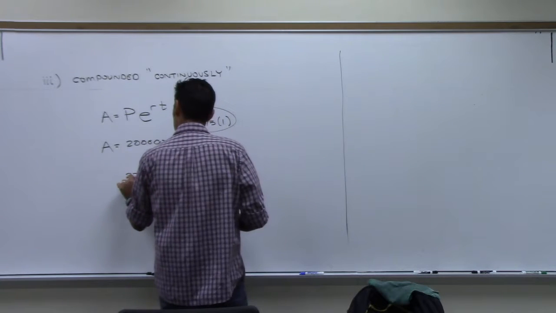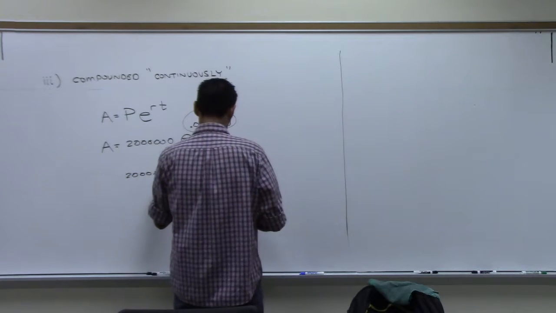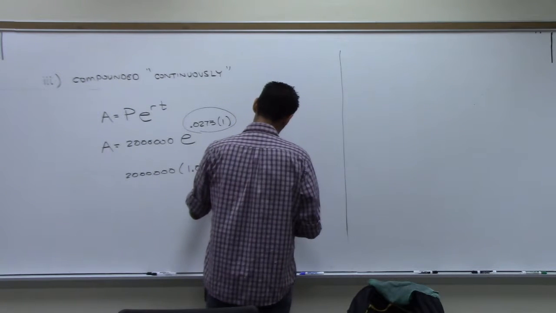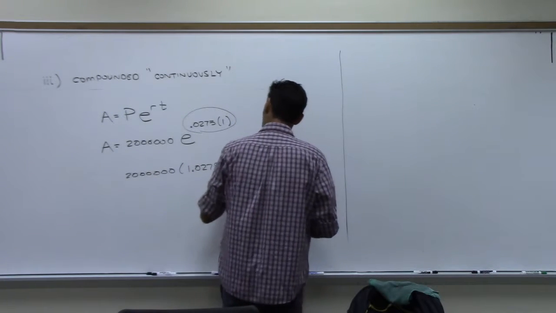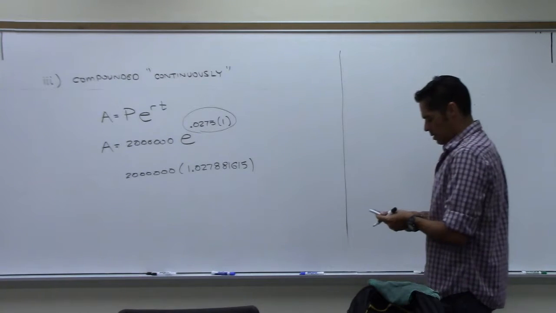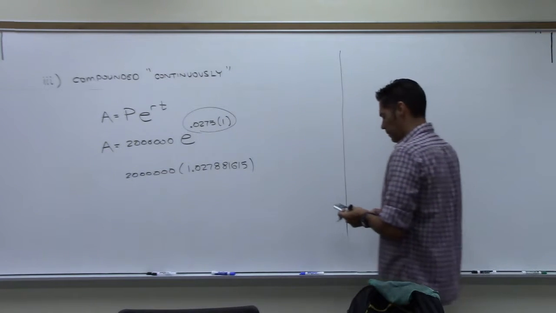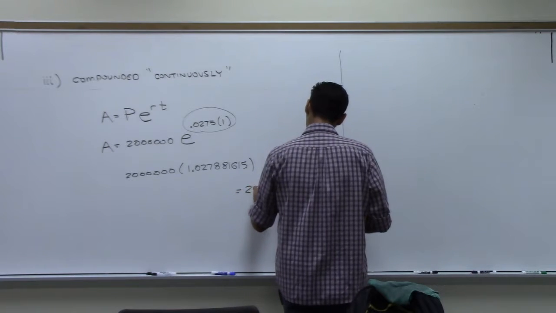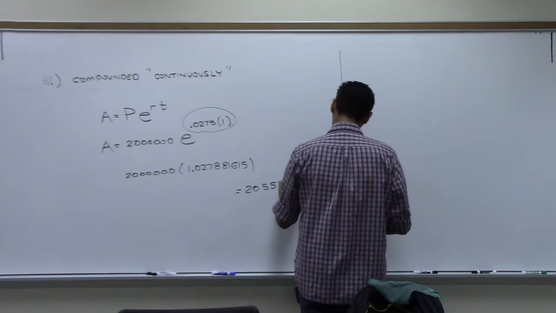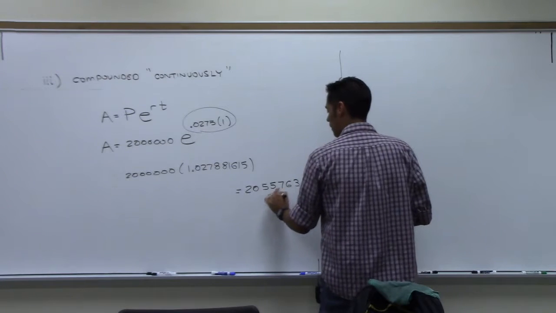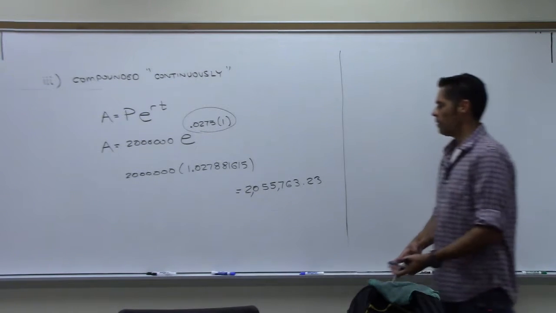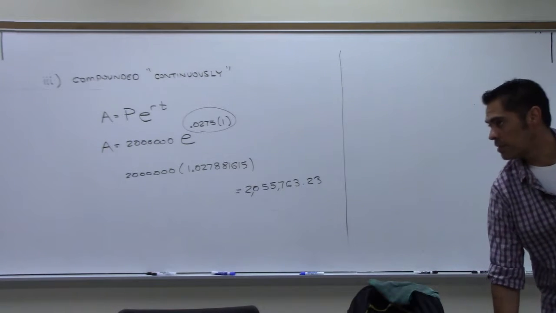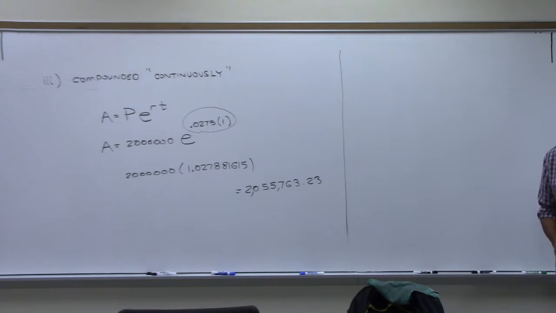So I'm getting 2 million times 1.027881615. $2,055,763.23. $55,763.23, give or take.